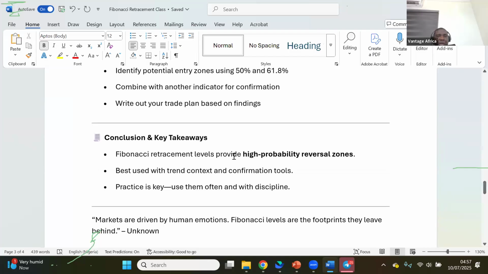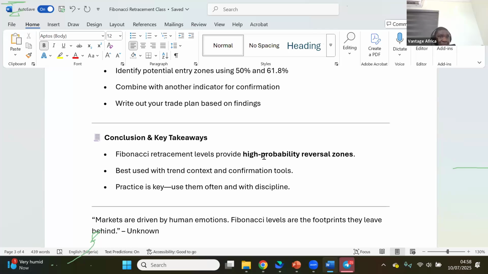So Fibonacci levels provide high probability reversal zones, very, very good probability reversal zones. Best used with trending markets and then also confirmation tools. You need to practice to develop this, right? The market is driven by human emotions. Fibonacci levels are the footprints.